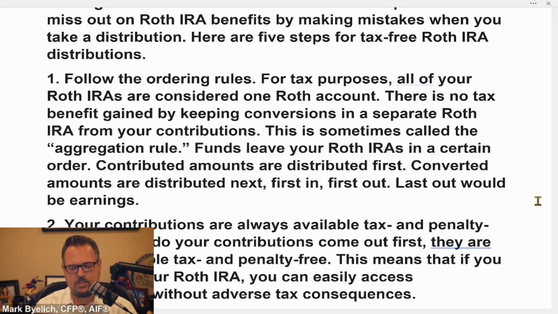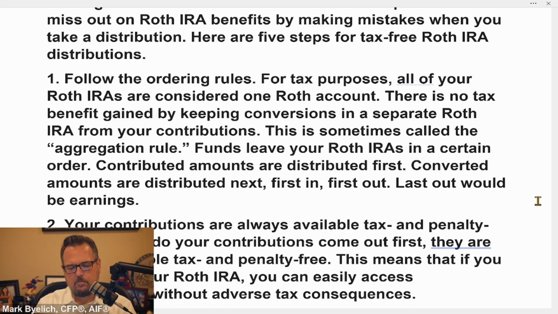So this section is a little confusing because it says follow the ordering rules. I don't know how you wouldn't follow the ordering rules when this is how the IRS considers these distributions from the Roth accounts. But the ordering rules are really important to know because people get hung up on this 5-year rule, and it is definitely something you should pay attention to.